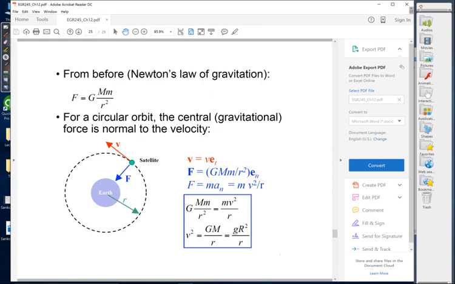And let me talk a little bit about how we place a satellite into orbit then. It's actually fairly simple, now that you have these equations. So if you are trying to place a satellite into a particular orbit, here's the Earth, here's the orbit you want to place your satellite in.